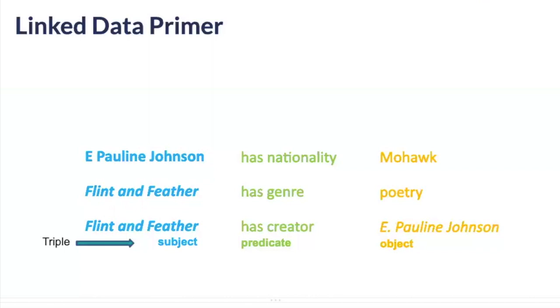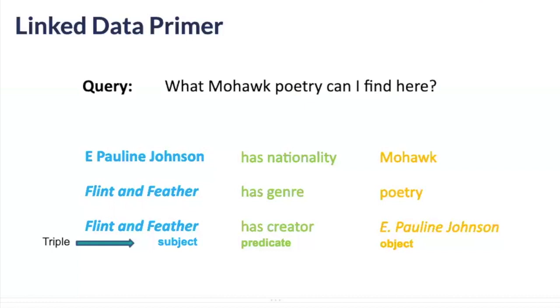And this kind of structure would let us ask questions like, what kind of Mohawk poetry can I find in this triple store, a large collection of data in this triple format?